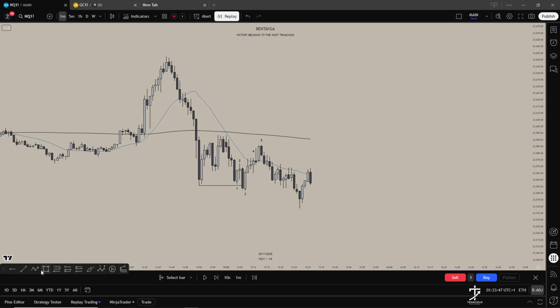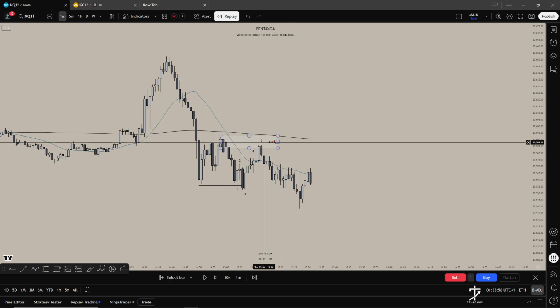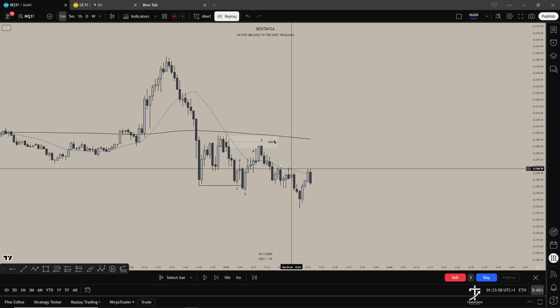And obviously we tapped into our last up down, so that would have been this area here, and price gave us a nice reaction, and obviously we moved down.